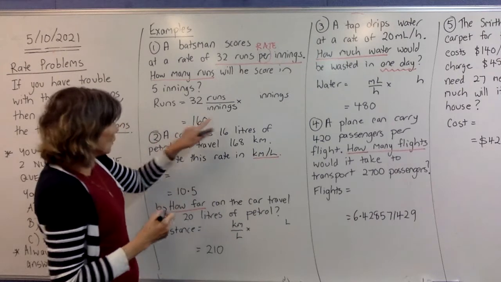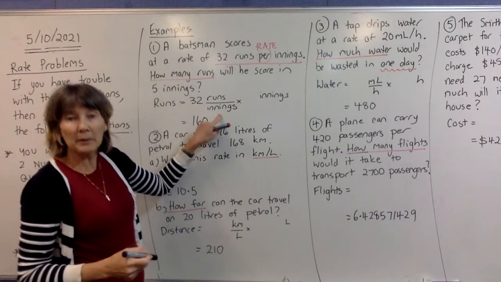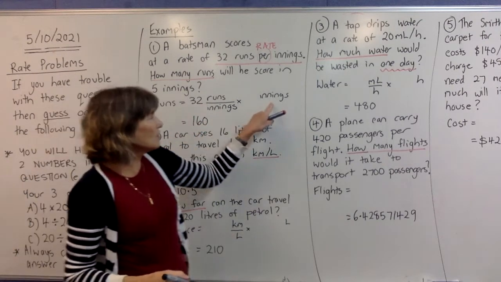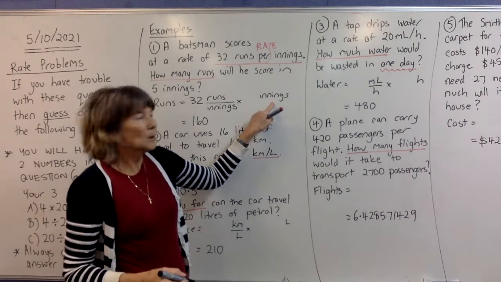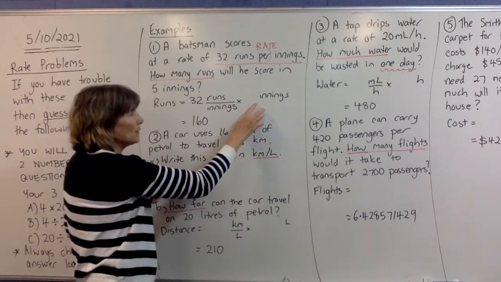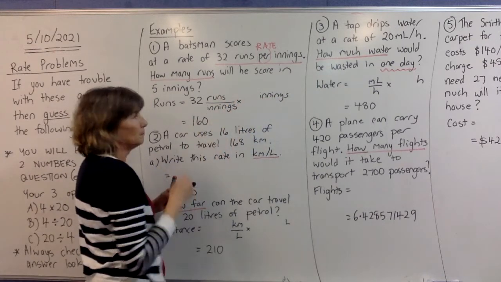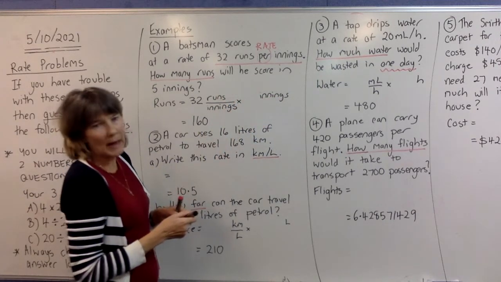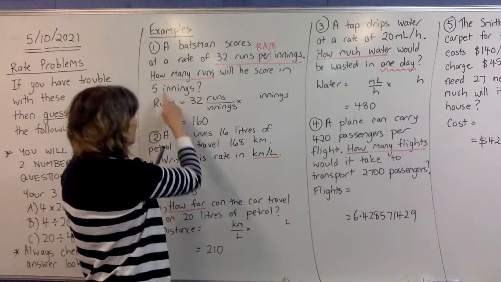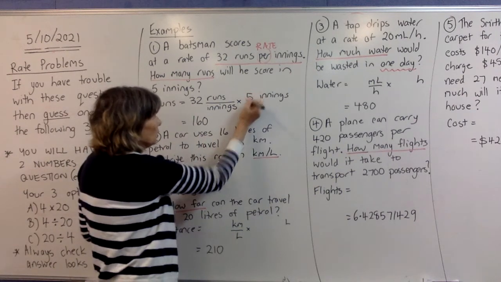Now, because we've got the word innings on the bottom of the fraction, that's the thing that you will multiply by. Okay, so you'll notice when I write this down, that word innings lines up at the top of the fraction. So effectively what's going to happen here, I'll just write in that we have 5 innings before I continue.